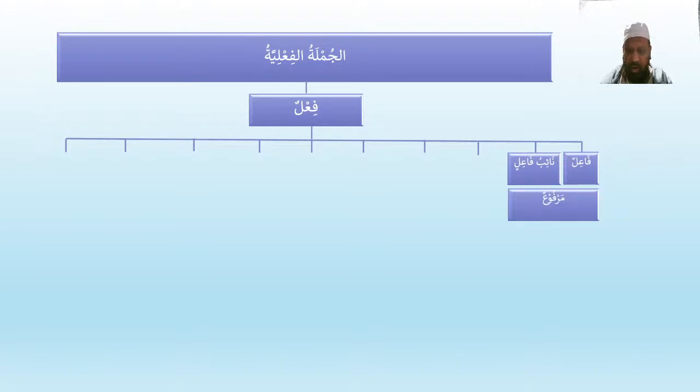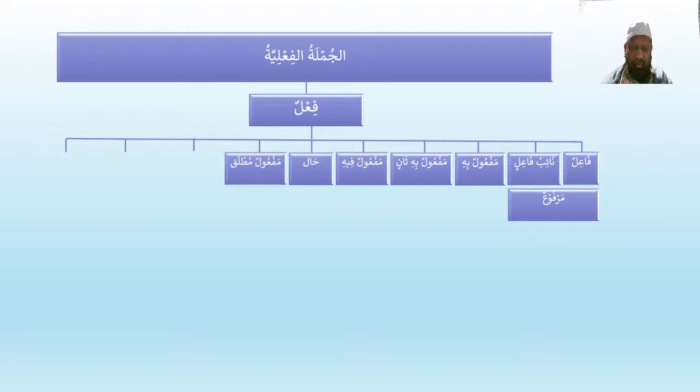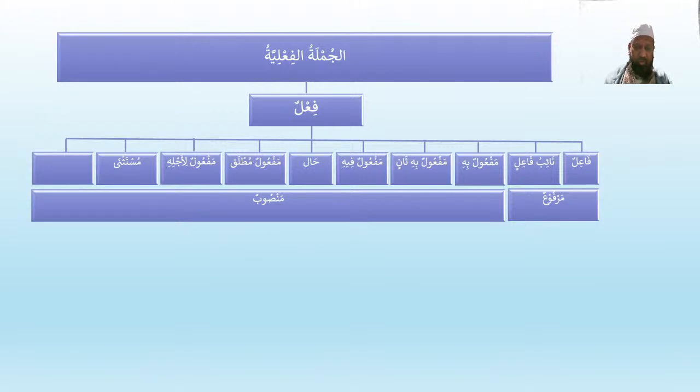And both of them are in marfu case. And the rest of the slots, which is maf'ul bihi thaniyin, maf'ulun fihi, and hal, and maf'ulun mutlaq, and maf'ulun li ajli, and mustathna, they are all mansub case.